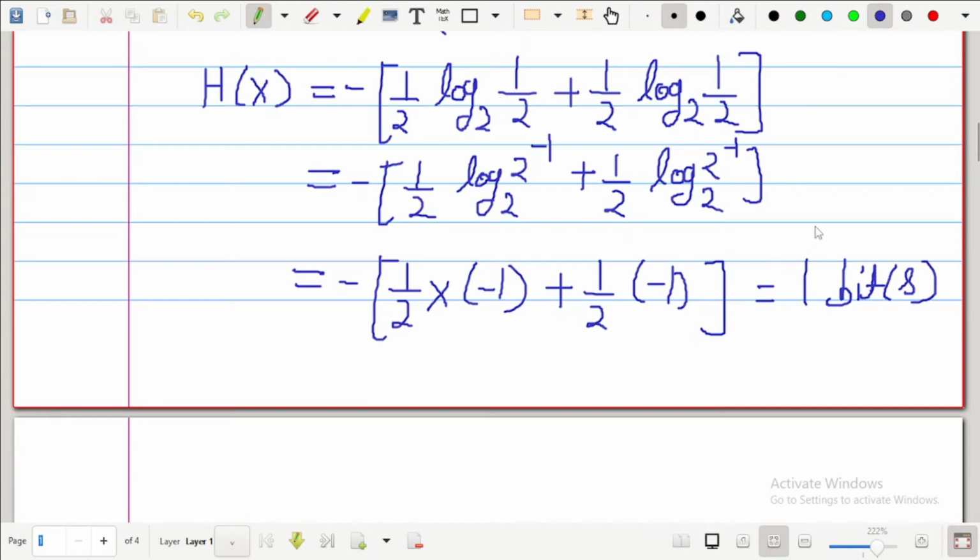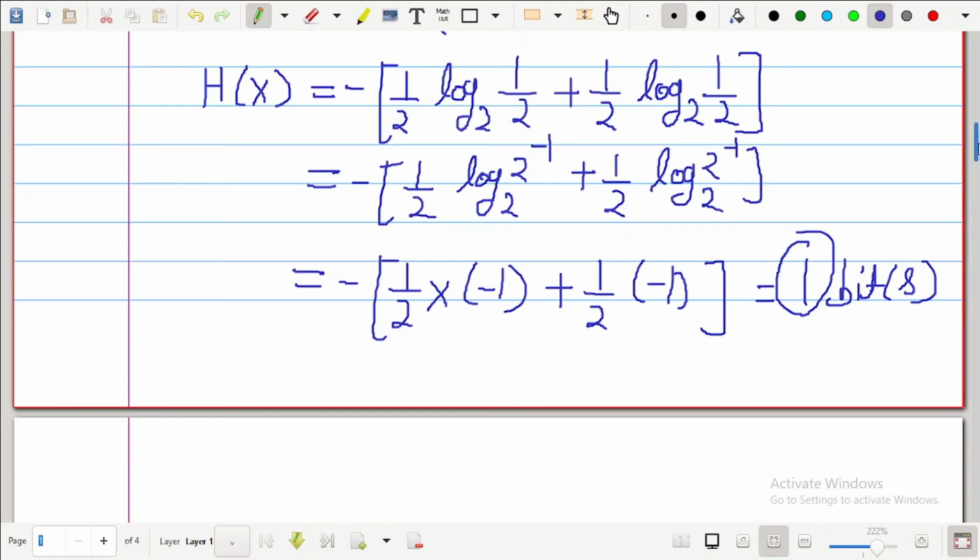So if probability of getting head is half and probability of getting tail is half, this would be the value of entropy.